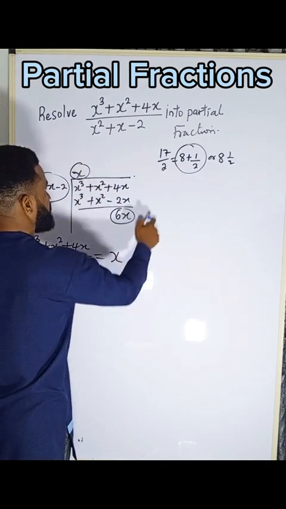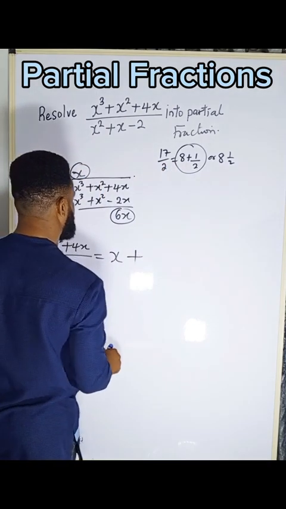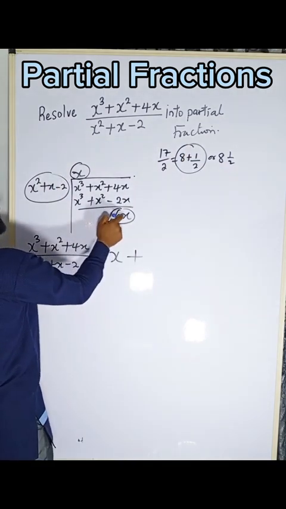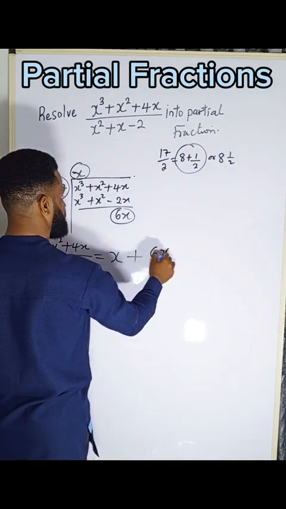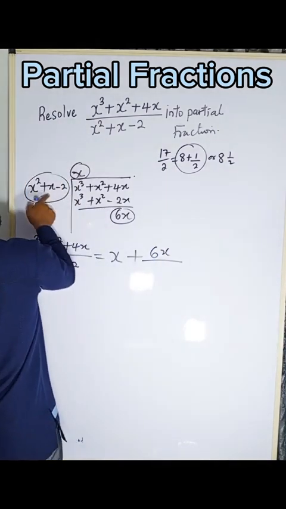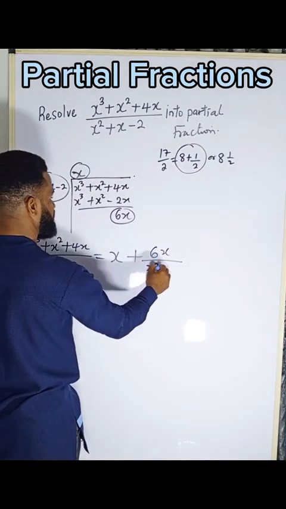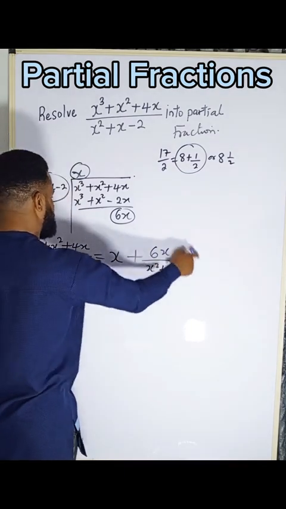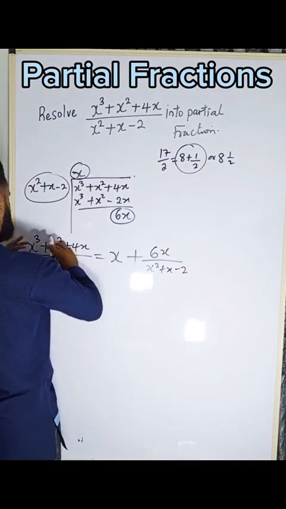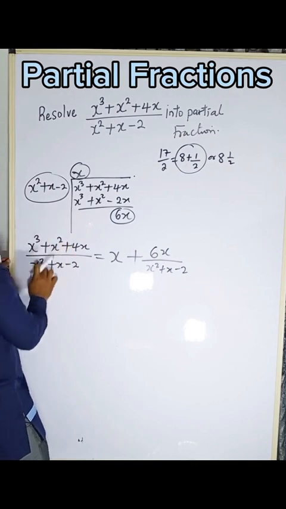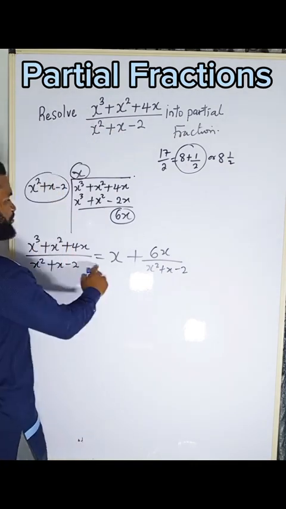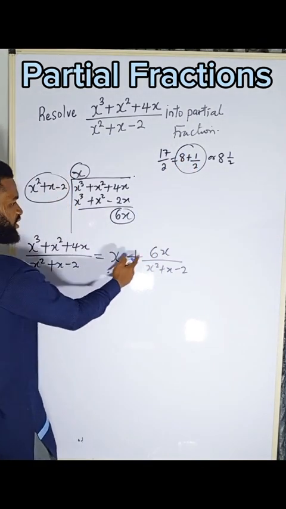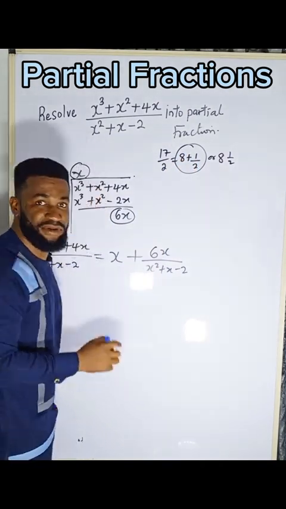So x, which is like the 8 here, plus what is now the numerator, this 6x, all over the divisor, which is still the same, x squared plus x minus 2. So this, which is like 17 over 2, has been made to be like 8 whole number 1 over 2, which is x whole number 6x over x squared plus x minus 2.